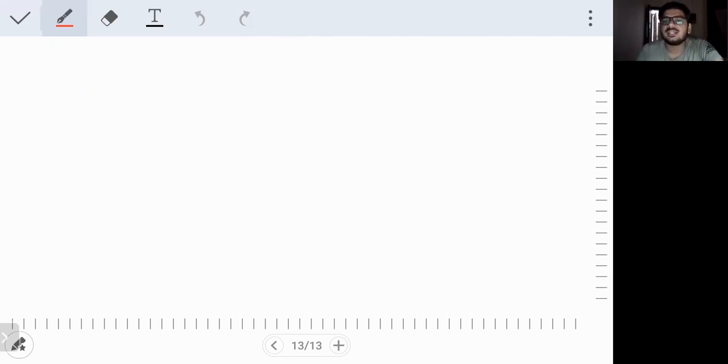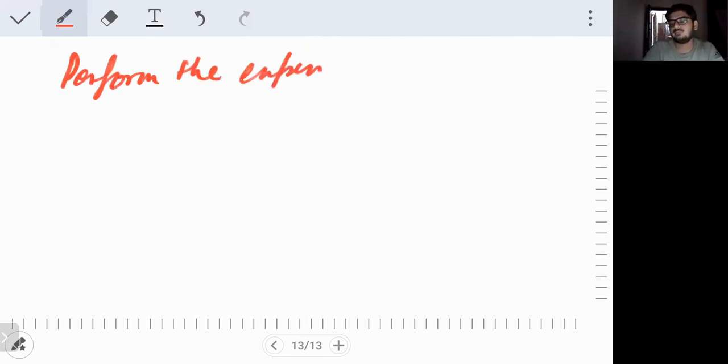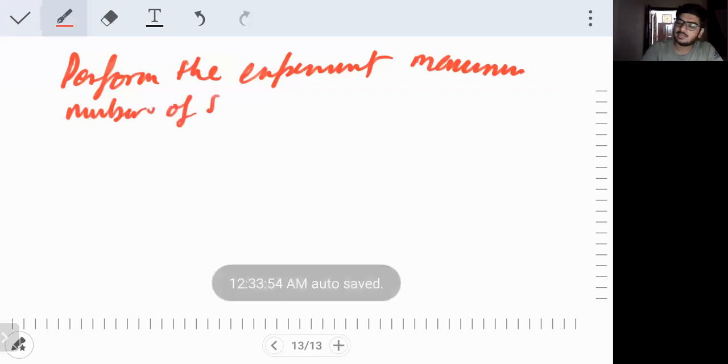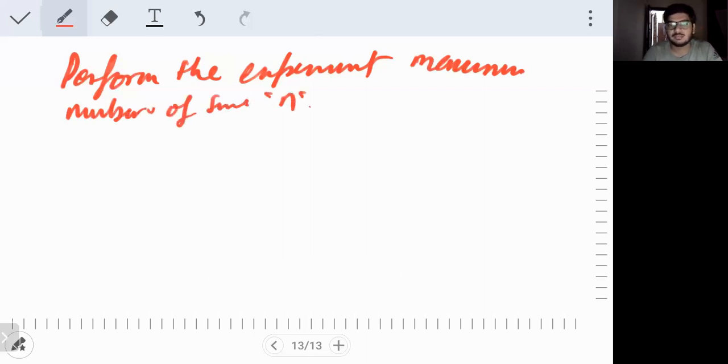Now we can think of the relative frequency approach. If we perform this experiment a maximum number of times, let's say n times, we count the number of times the event A of interest occurs and call it NA, right?